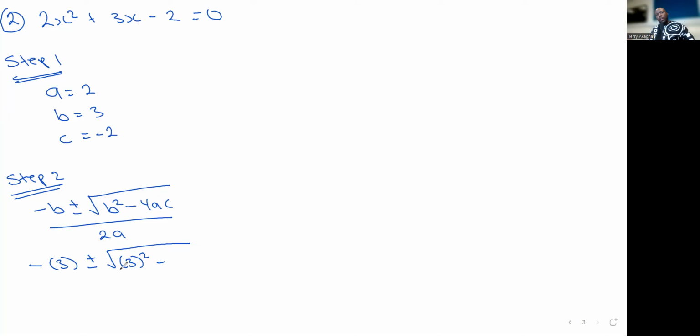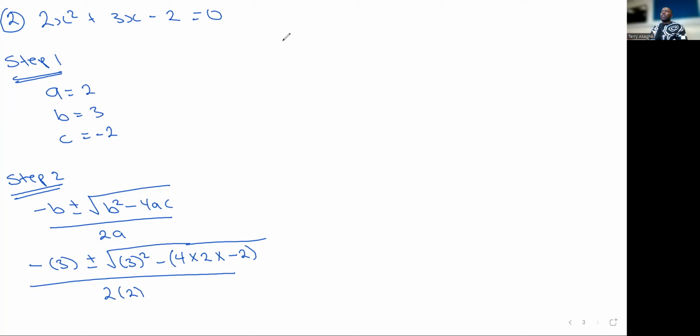Is that okay? Especially when you're inputting it into your calculator. It's very important that you put the numbers in brackets so that you don't make mistakes with the signs. And that'll give us 4 times 2 times minus 2, okay? Divided by 2 times A is what?